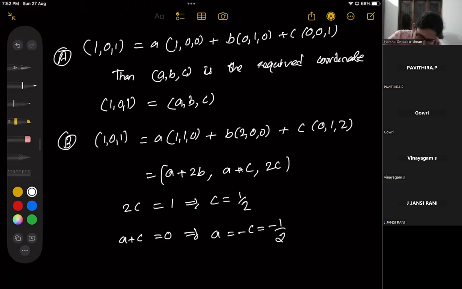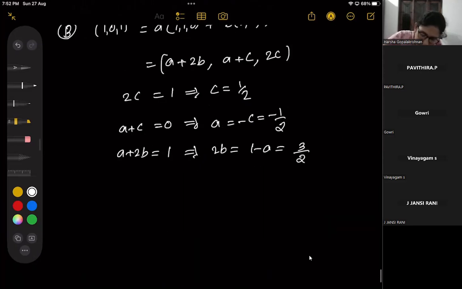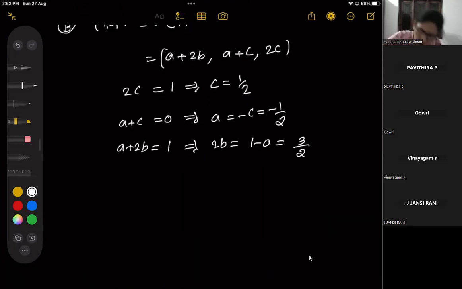Next is A plus 2B equal to 1, so 2B equal to 1 minus A, which is 1 minus minus 1 by 2, that is 3 by 2. That implies B equal to 3 by 4. So the coordinate A, B, C will be: A is minus half, B is 3 by 4, and C equal to half.